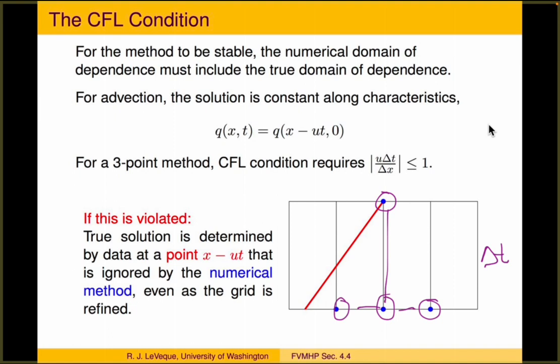Suppose that u delta t over delta x is not less than 1, and so when we trace back this characteristic, this is the curve x that's moving at speed u, we reach a point that doesn't lie between these points where our numerical approximation is calculated. Then the numerical approximation is based on these 3 points.